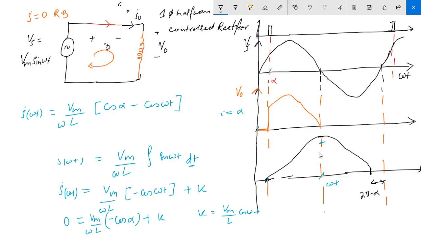So these two areas will always be the same.